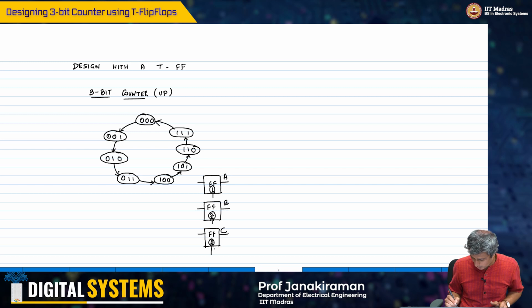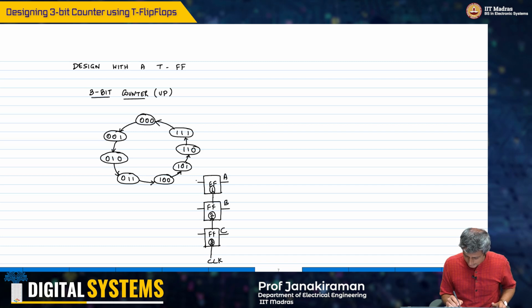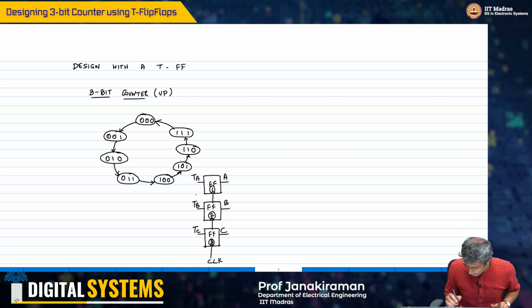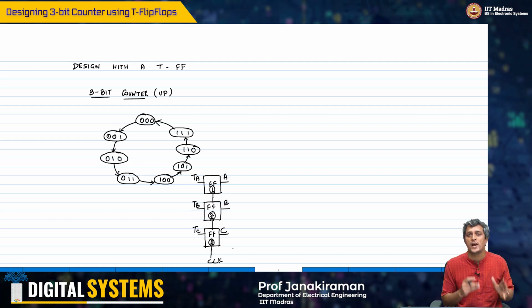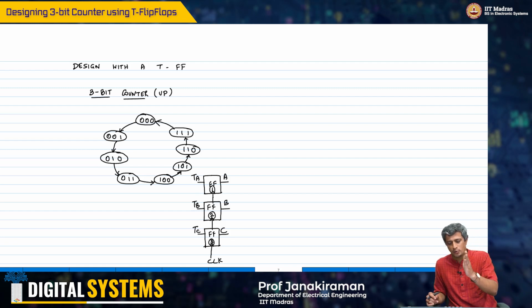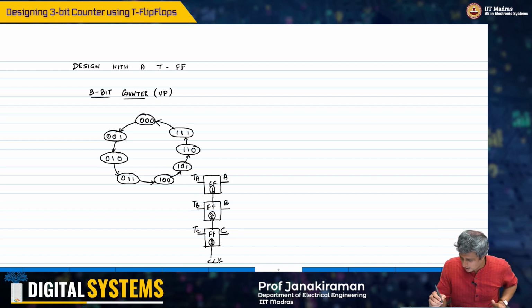As usual the clocks are running like this, and the inputs are TA, TB and TC. So all I have to figure out is this combinational block, where the inputs are A, B, C and the outputs are going to be TA, TB and TC.